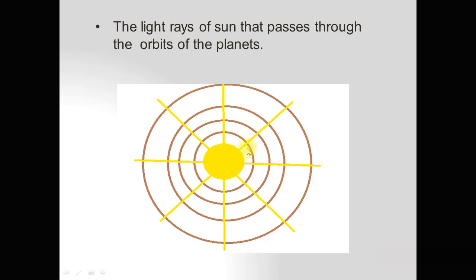So these yellow curves are orthogonal trajectories for the family of curves represented by the orbits of planets. And this is the end of this segment.